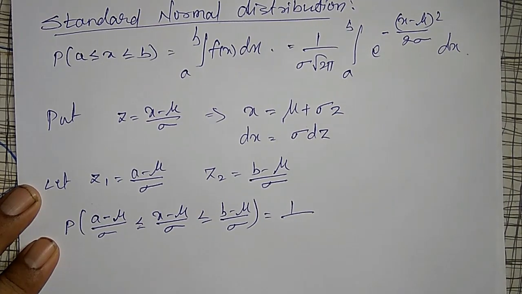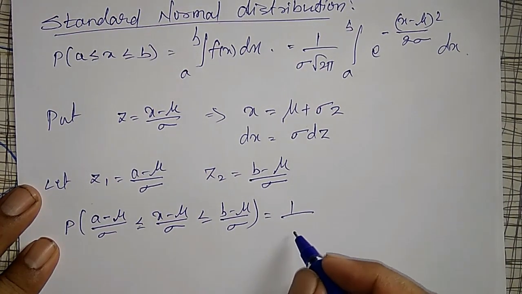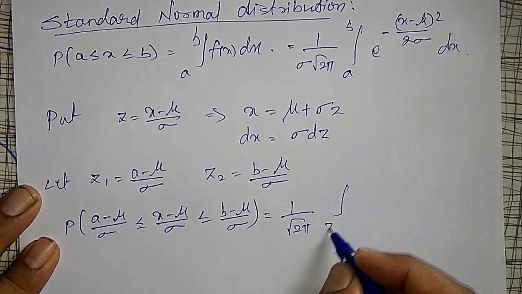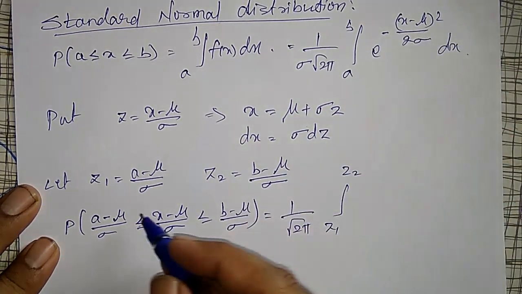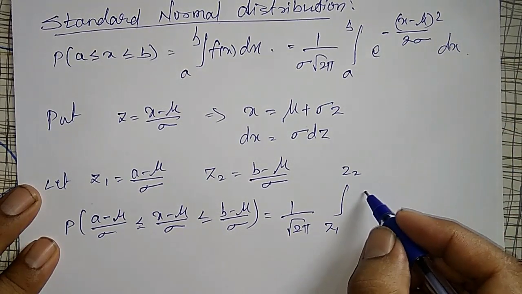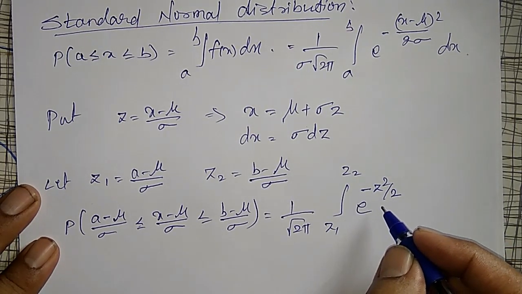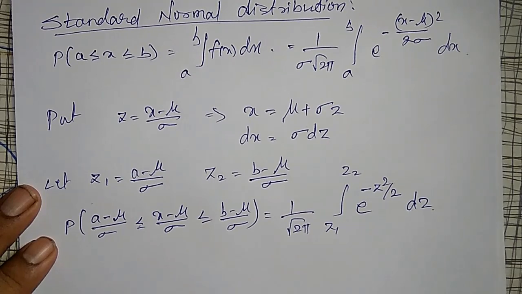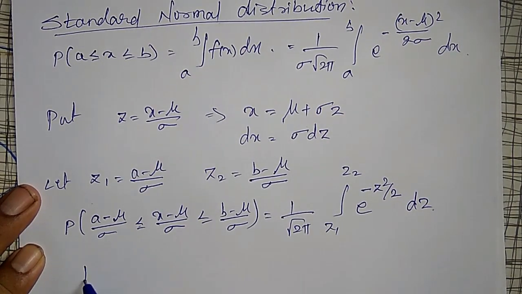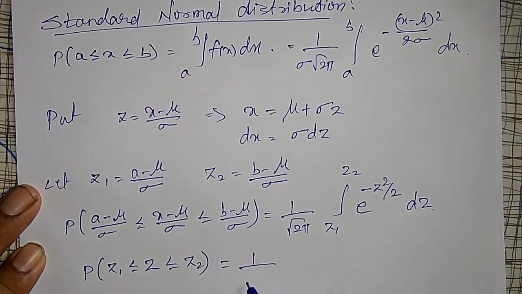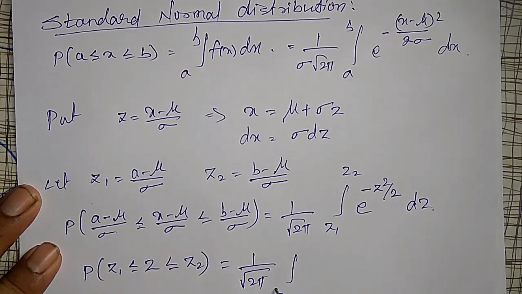Therefore I am going to get 1 divided by square root of 2 pi, integration from z1 to z2, e to the power minus z square divided by 2 dz. This is nothing but the probability of z1 less than or equal to z less than or equal to z2, is equal to 1 divided by square root of 2 pi, integration from z1 to z2 of e to the power minus z square divided by 2 dz.